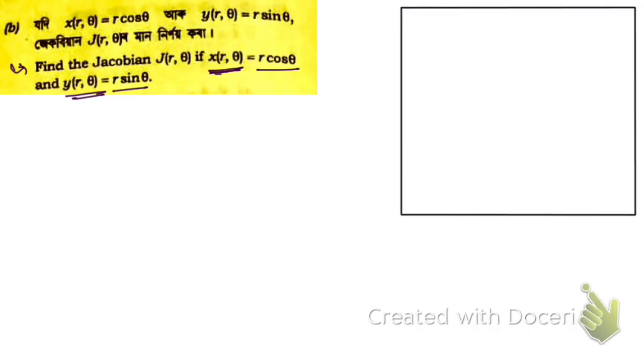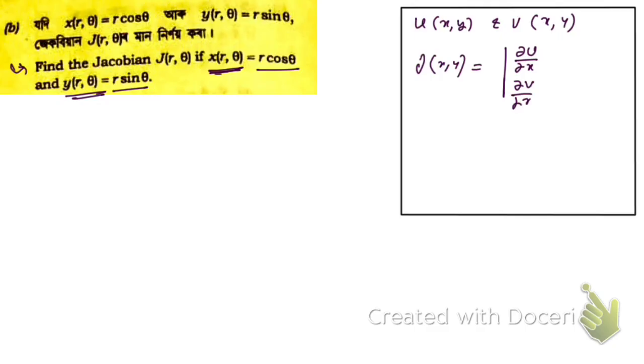Now you see, if u is a function of x comma y and v is also a function of x comma y, then their Jacobian is given by the determinant of del u by del x, del v by del x, then del u by del y and del v by del y.